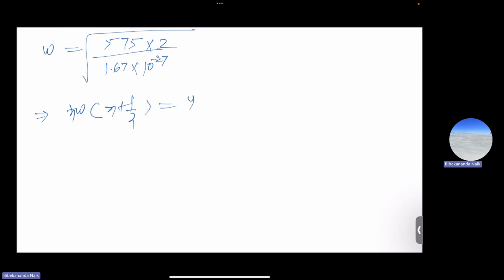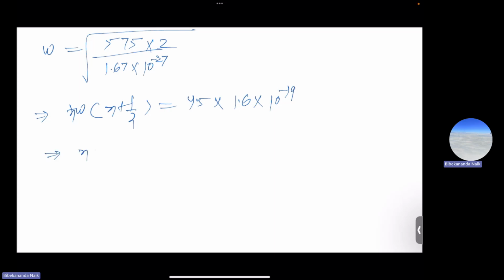So we know the value of k, which is given in the question. K is 575 divided by the reduced mass. Reduced mass is mp by 2, it is 1.67 into 10 to the power minus 27 by 2, so it will be into 2 here. So this will be the value of omega. So h cross omega into n plus half is 4.5 into 1.6 into 10 to the power minus 19 joule.